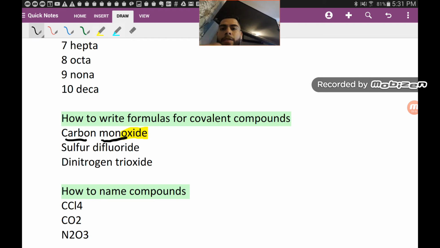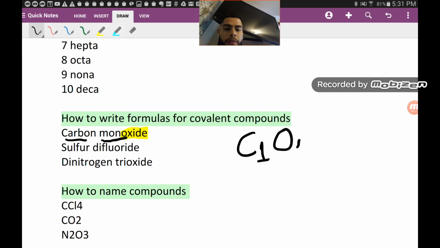Okay, so it's super simple. Carbon is telling us that we only have one atom of carbon, so it'll be C1. You don't need to write the one. Monoxide means one oxygen. So we have one carbon and one oxygen, and once again, we don't write the ones, so the formula will be CO. That's it.